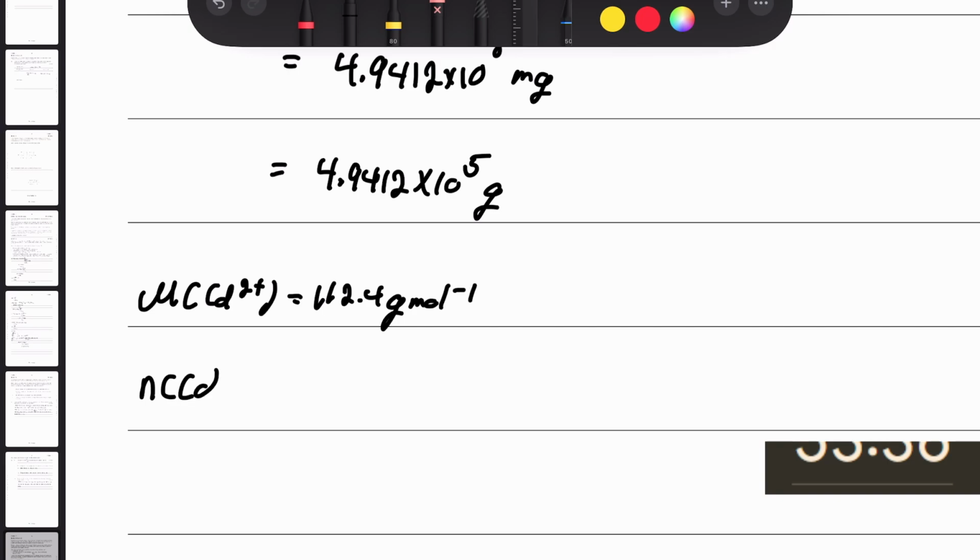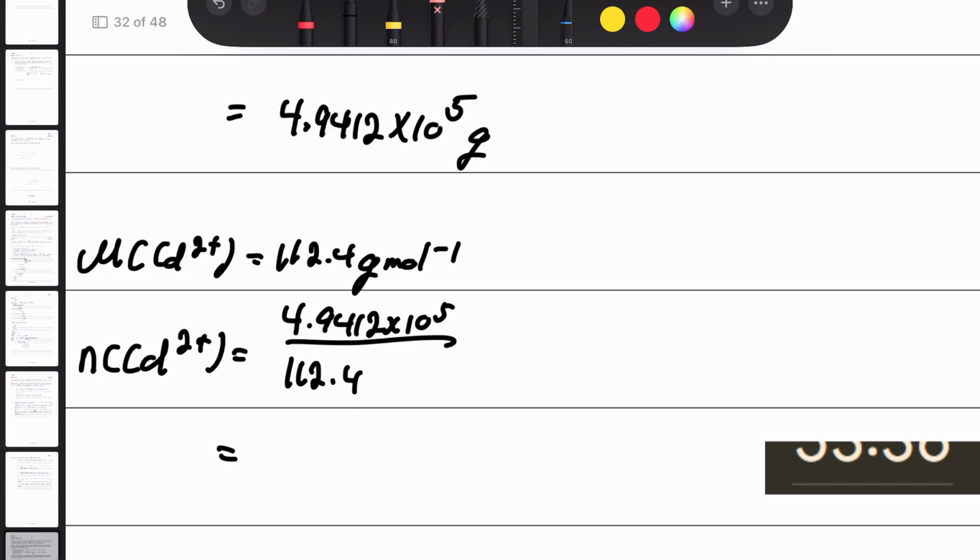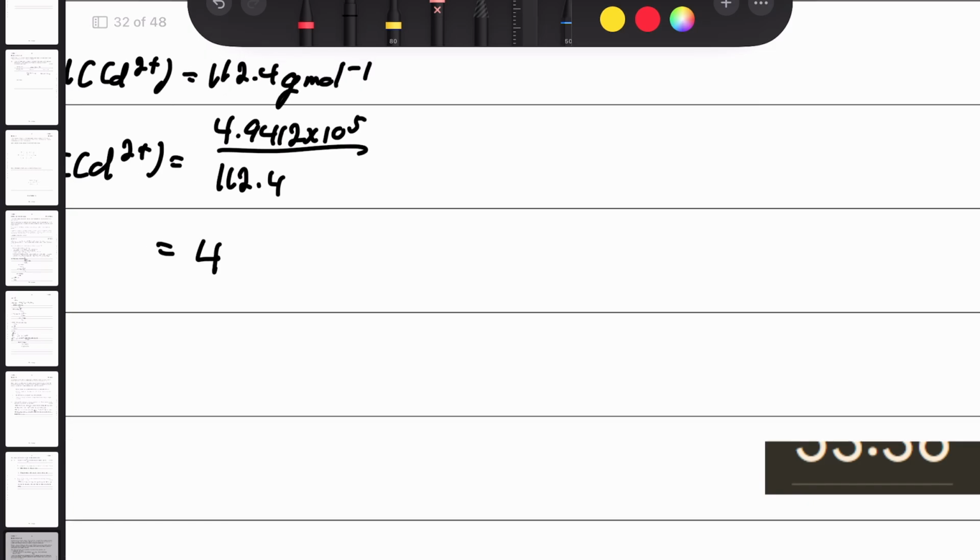Therefore, the number of Cd2+ I have is going to be equal to 4.9412 times 10 to the power of 5 divided by 112.4. I get that I have 3,996.1 moles.